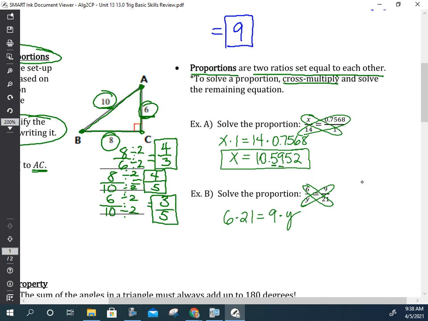Let the calculator do a little work. 126 equals 9y. Divide by 9. So 14 equals y. So 14 is equal to y.